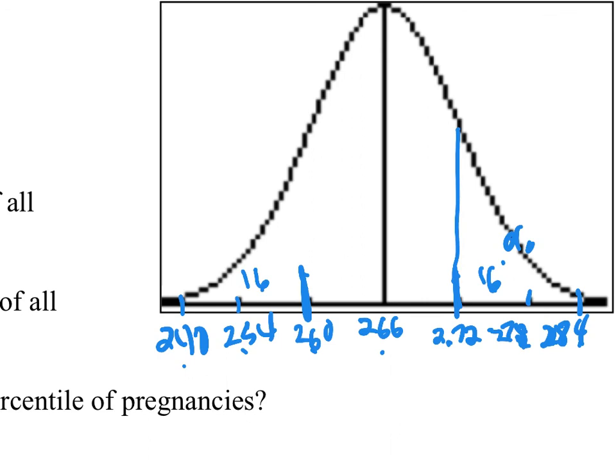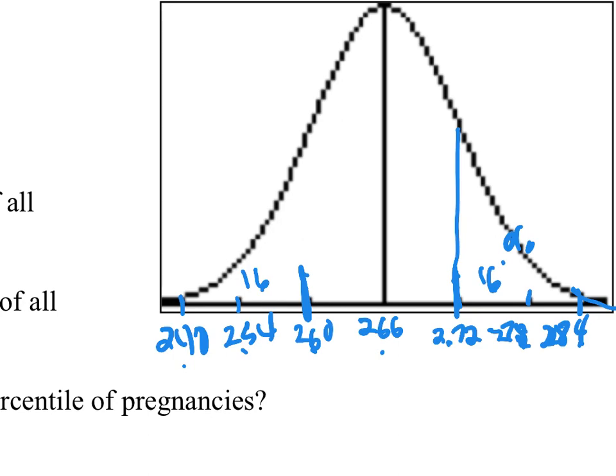272. Wait, sir, but doesn't it keep on going? Yeah, but it all adds up to 16%. But it says how long are the longest 16% of pregnancies? So they're any day longer than 272.